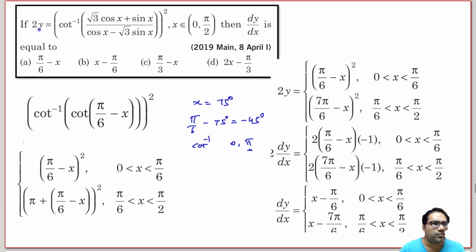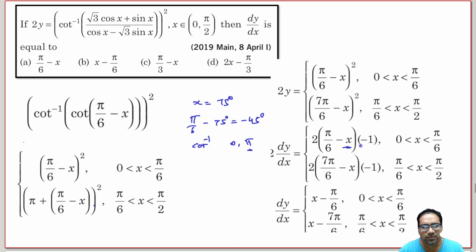Right. Now, what is our 2y? 2y equals this square. Cot inverse of this thing is pi minus pi by 6 minus x whole square, or pi plus pi by 6 minus x whole square. Now, we can directly differentiate. 2 dy by dx is equal to 2 into pi by 6 minus x into minus 1, because there is minus x. This 2 and this 2 will get cancelled.